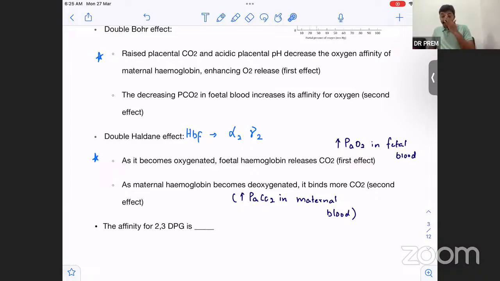From 2011 to 2020, in the past decade, we have not got any question on these two topics yet. But when it comes to the oxygen hemoglobin dissociation curve, every few years, AIIMS, NEET, and DNB have a priority that they are asking different questions on the same topic.